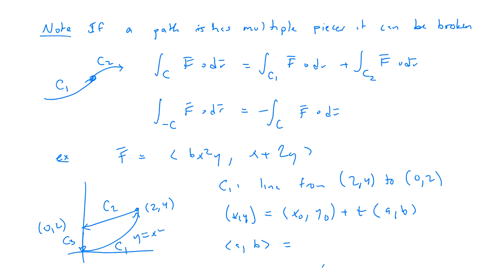So in this case, AB would be the change in x and the change in y. And it doesn't really matter which way you go. Or I can just read it off. So x goes from 0 to 2, so I can do x is equal to 2t, y is equal to 4 minus 2t.